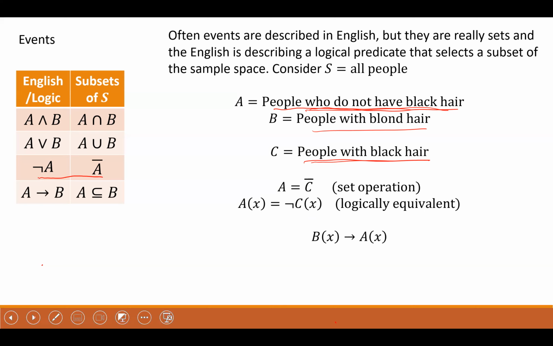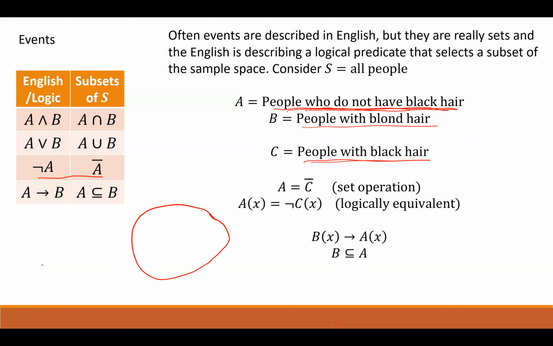And finally, the implies, right? So B of X implies A of X, which means that if I say someone has blonde hair, then that implies that they do not have black hair, which is true. In terms of set operations, this is equivalent to B being a subset of A. So I have all of the people that do not have black hair, and then the blonde people are a subset of that.